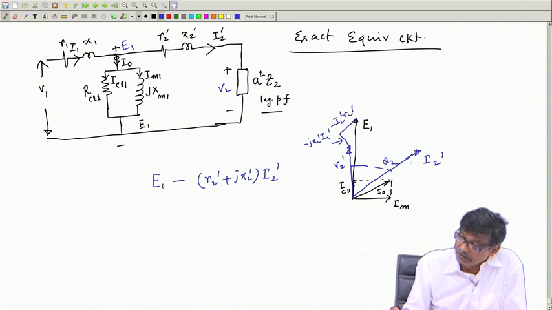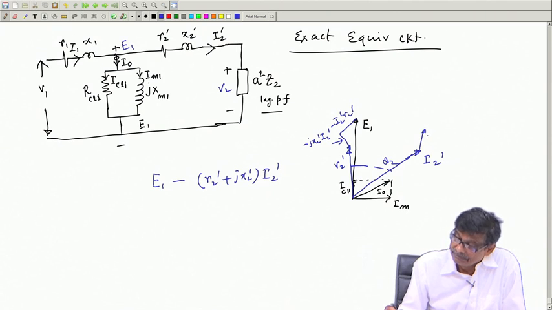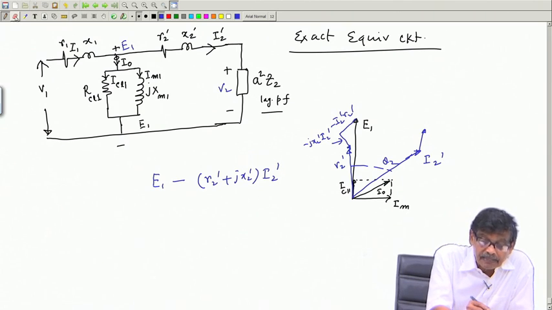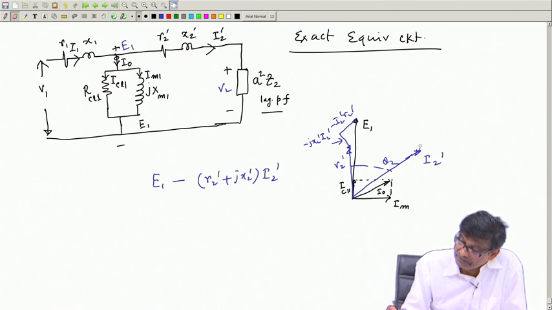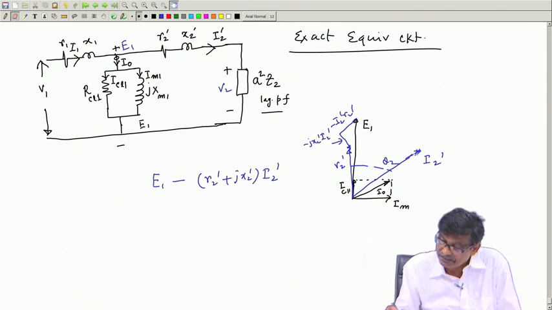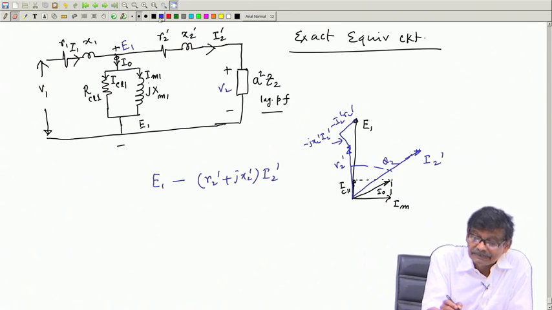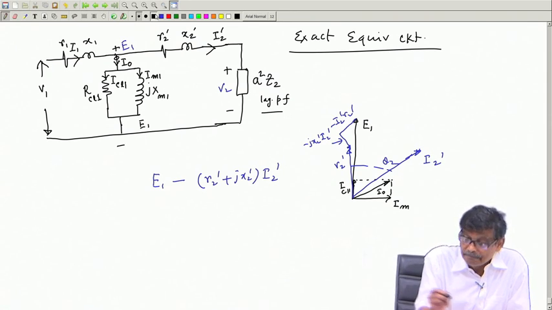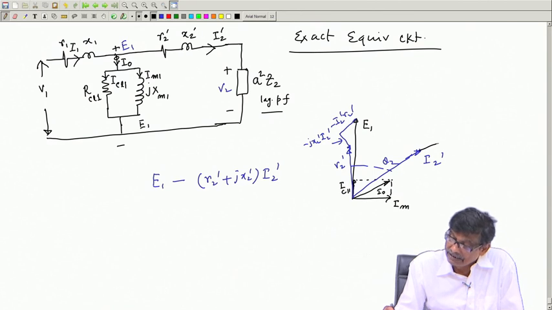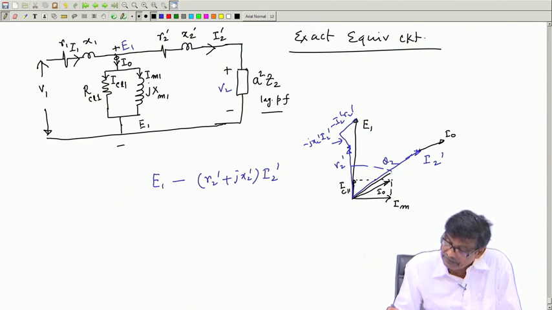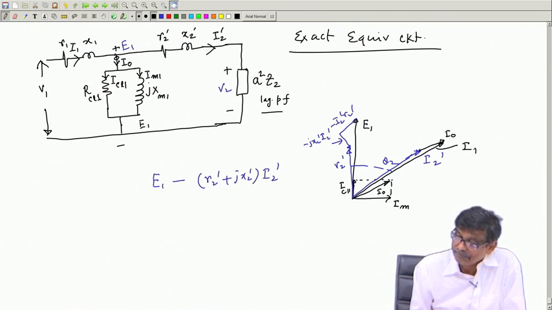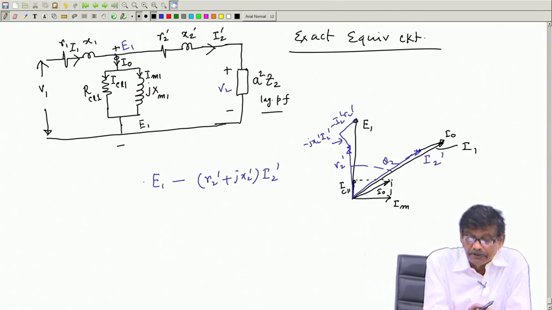Then I naught plus I 2 dashed will give you I 1. I am looking for where my V 1 is.